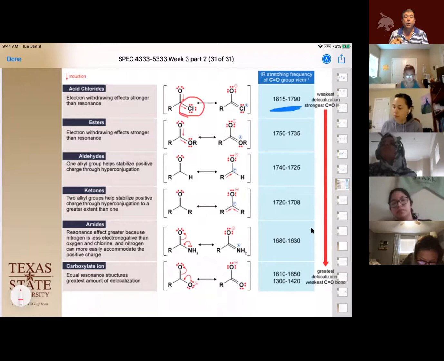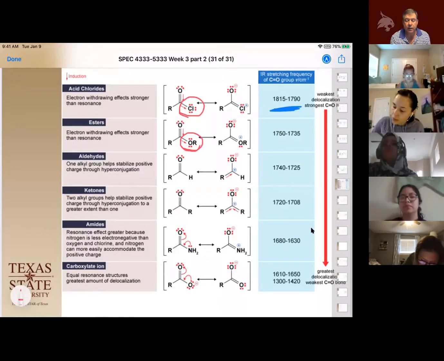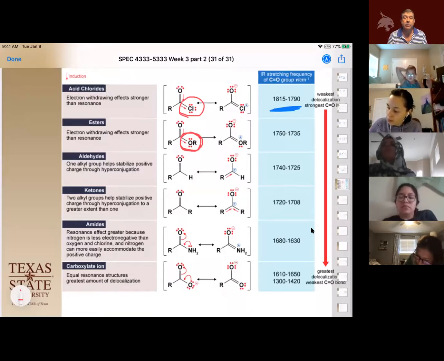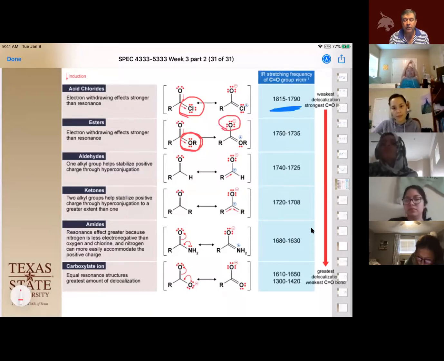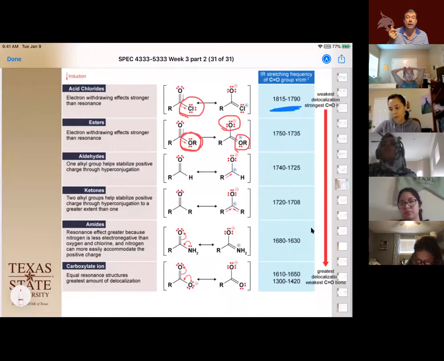We can do that another way by attaching an ester nearby. So we've added this ester here, not a carboxylic acid, just the ester. The reason we have this available to us is that by resonance, we can generate this partially negative charge on one oxygen and this partially positive charge on the other oxygen. When it does this, it again shrinks that bond slightly and gives it a slightly higher frequency than an aldehyde or a ketone.